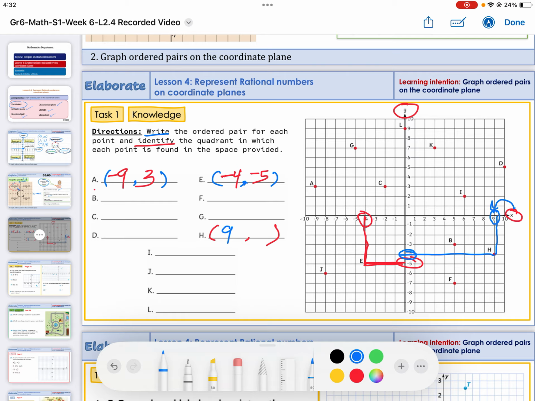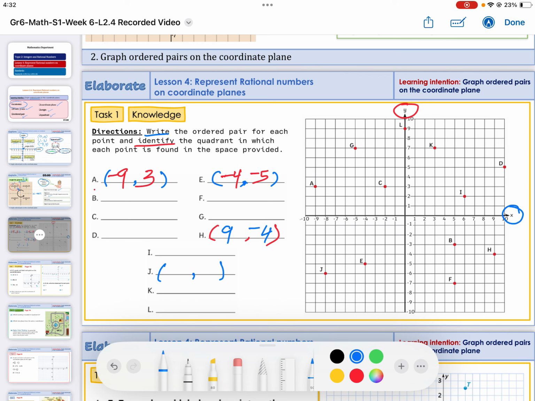As you can see, my y will be -4. So (+9, -4). Okay, I hope it's clear how to write the ordered pair for each point on the coordinate plane. Let's try J. Then, guys, I will leave the rest for you to practice on your own.